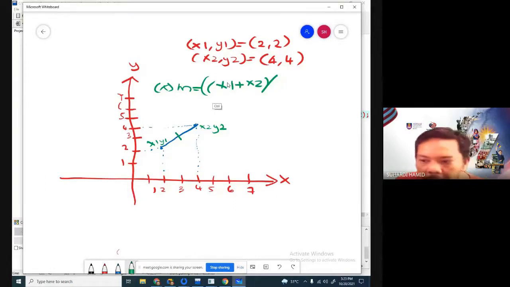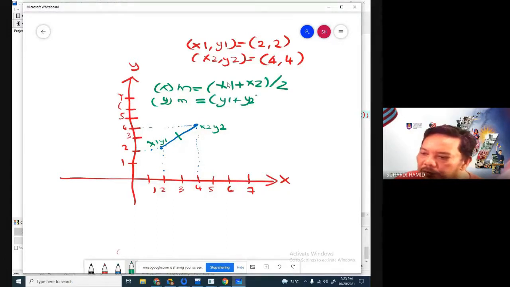Midpoint for y equals y1 plus y2 divided by 2. That's when we get that.